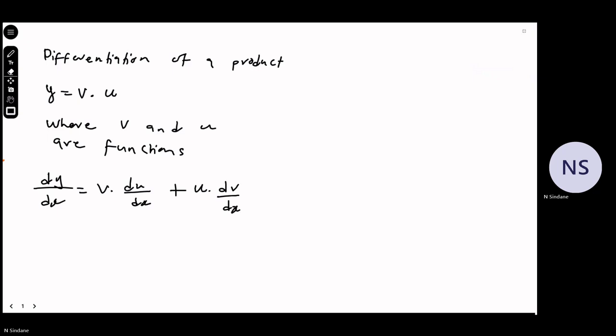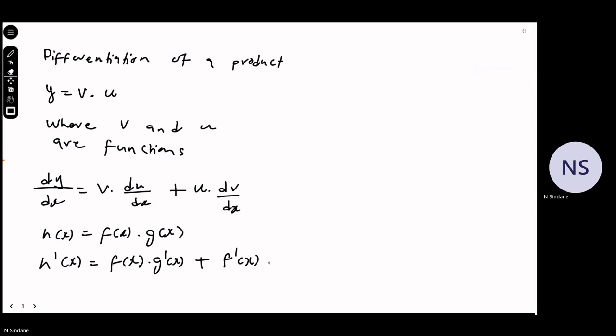Or say you're given h of x equals f of x multiplied by g of x. Then h prime of x equals f of x multiplied by g prime of x plus f prime of x multiplied by g of x.